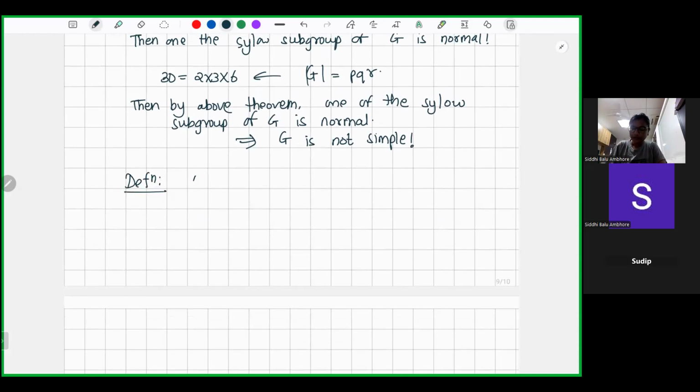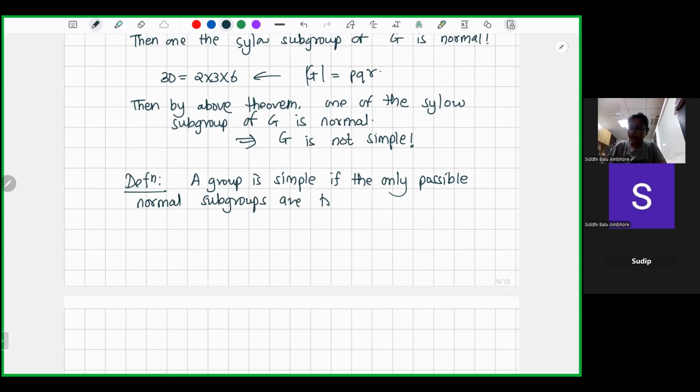That a group is simple if the only possible normal subgroups are the trivial subgroup or the whole group.